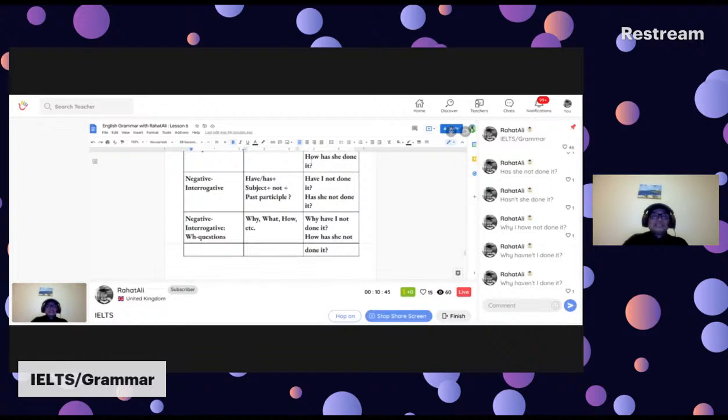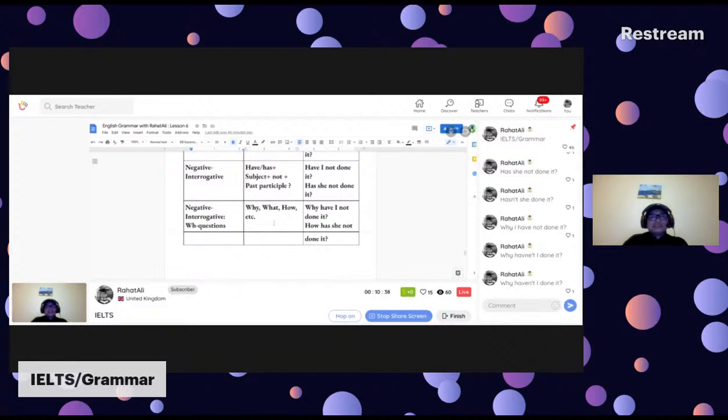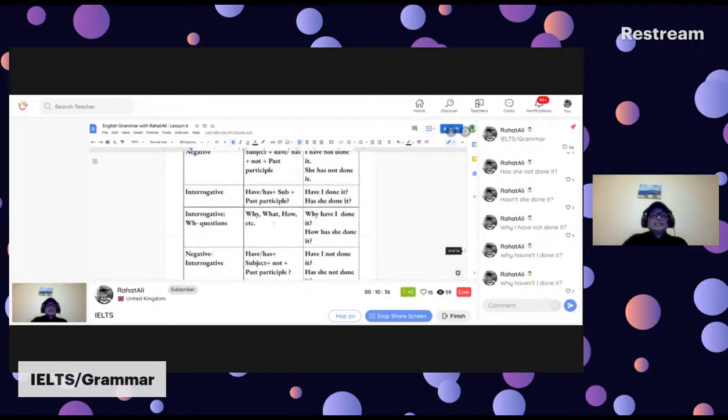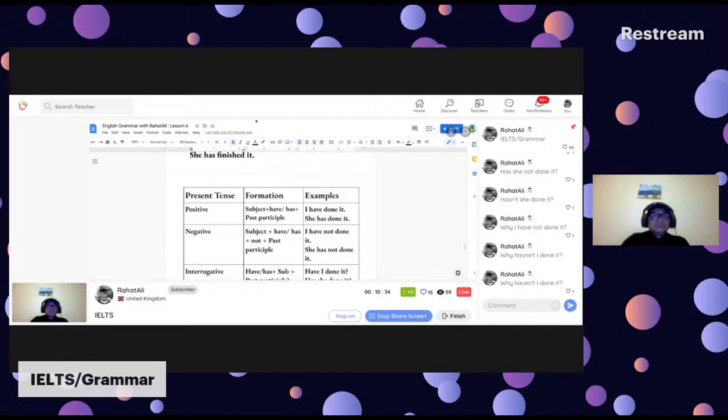And for negative interrogative with WH questions, bring the WH word at the beginning: why, what, how, etc. So that is all for today's present perfect tense. It is important for us to know the present perfect tense clearly, because very often our learners get confused. I'm going to try to give some more examples. Okay, guys.